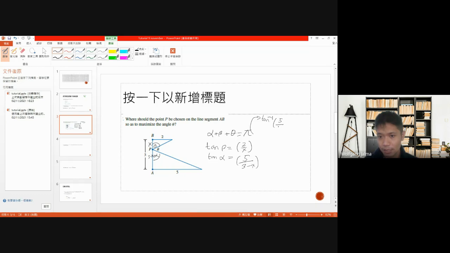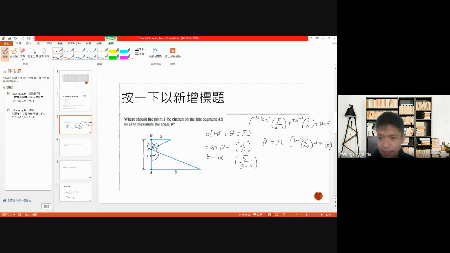Tangent inverse of 5 over 3 minus x plus the tangent inverse of 2 over x plus theta equals phi. So we have theta equals phi minus tangent inverse 5 over 3 minus x, minus tangent inverse 2 over x.